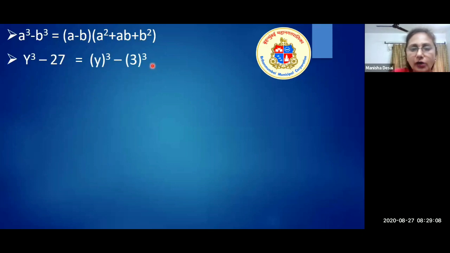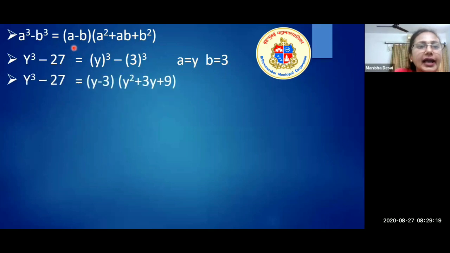So here we are going to replace a with y and b with 3. So this can be written as a minus b, that is y minus 3, a square will become y square, plus ab, that is plus 3 into y, 3y, and plus b square is nothing but 3 square, that is 9.